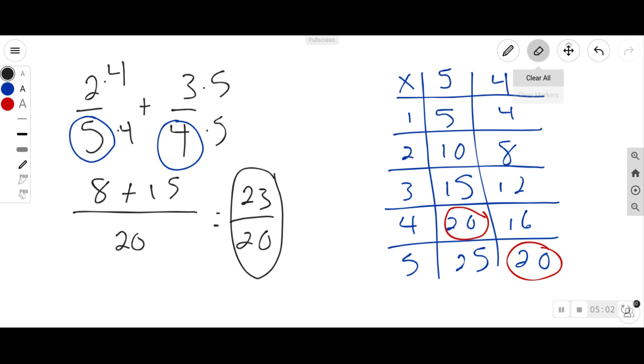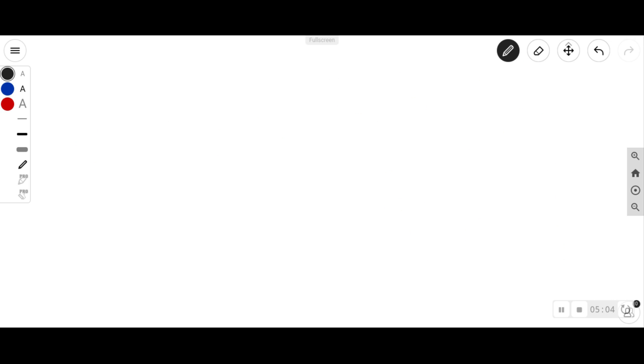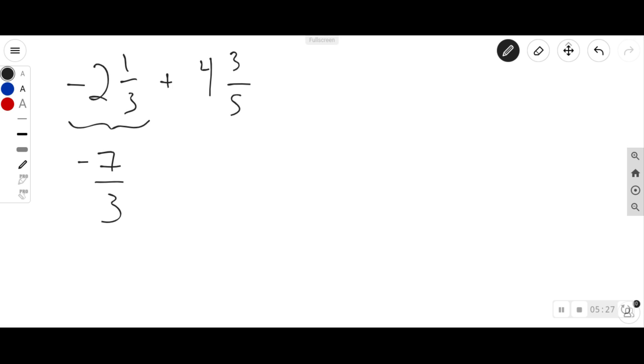Okay, now we're going to look at one that has some mixed numbers. So let's say that I have negative 2 and 1/3 plus 4 and 3/5. Now the first step is I must convert the mixed numbers to improper fractions. Well, negative 2 and 1/3 is going to become negative 7 over 3 plus 4 and 3/5 is going to become 23 over 5.